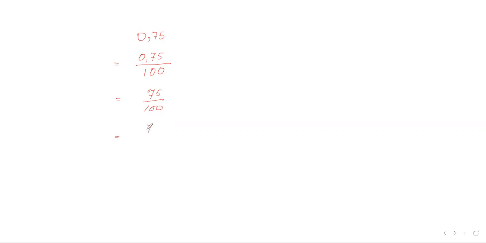We divide by 25 on top there. We divide by 25 on the bottom. 25 and 75 goes 3 times, and into 100, therefore 25.